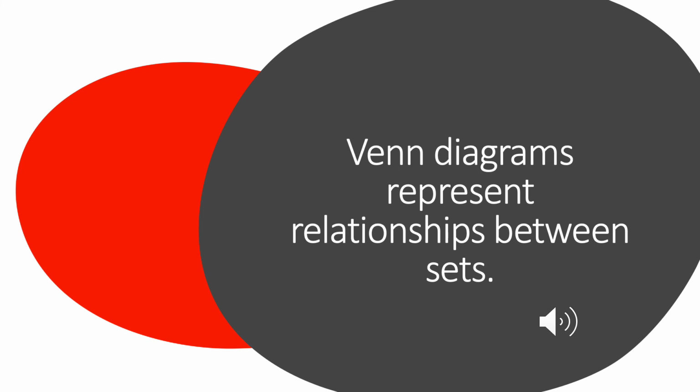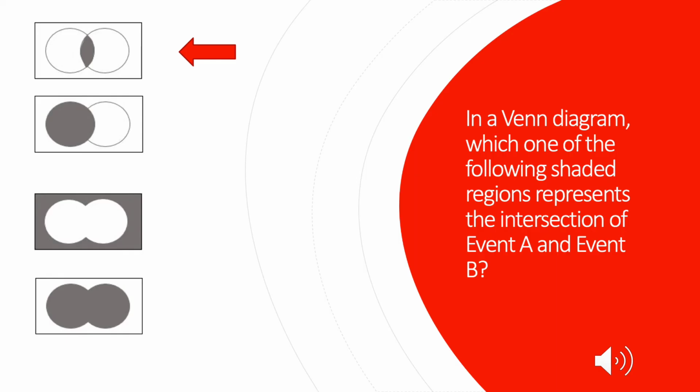Venn diagrams represent relationships between sets. In a Venn diagram, which one of the following shaded regions represents the intersection of event A and event B? So we have 4 choices of Venn diagrams on the left.